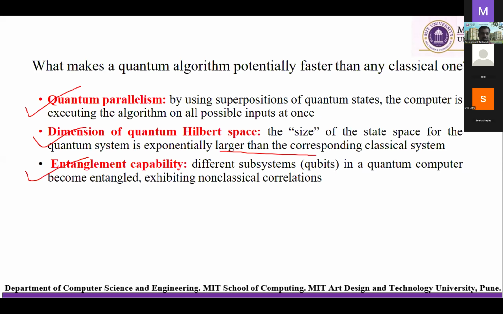If we consider two different input registers and they are entangled to each other, then if one collapses to one particular state, using that state we can identify the output of the second input register. So this is the entanglement capability. These are the several reasons why quantum algorithms are potentially faster than classical ones.